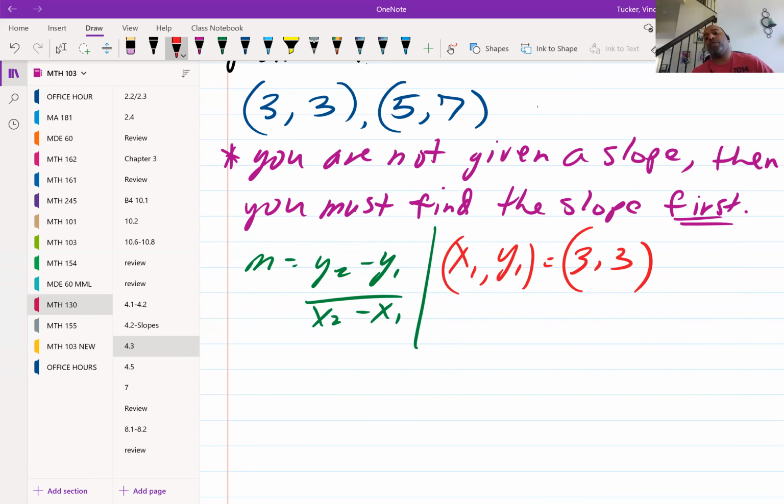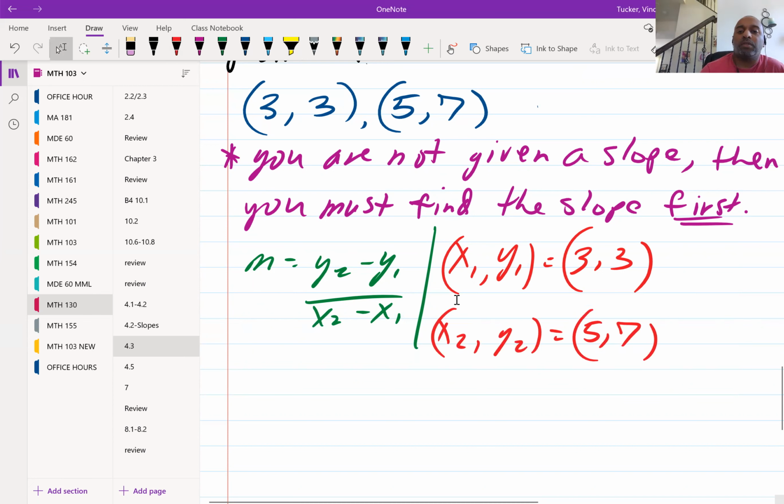Now, it doesn't matter which one you call x1, y1, and which one you call x2, y2. In other words, it doesn't matter which one you call point 1 and which one you call point 2. I just call the first one that I see point 1, the second one I see point 2.